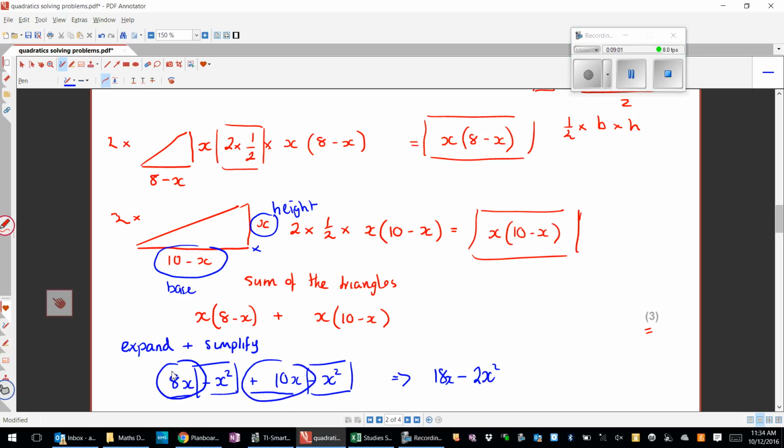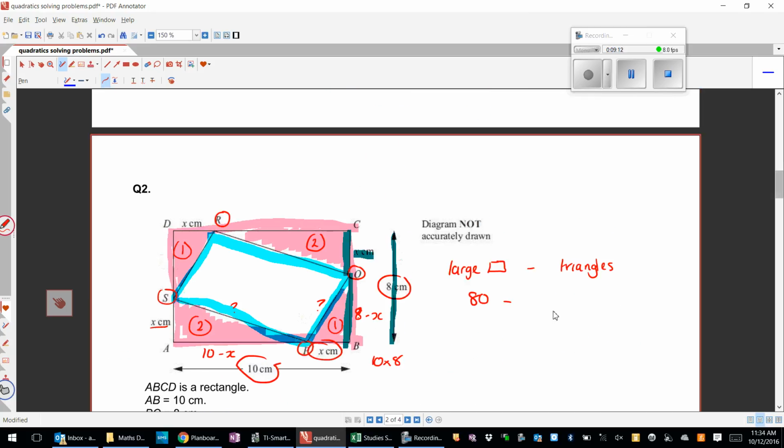We've got minus x squared, another minus x squared, is minus 2x squared. So all of that needs to go back up here. So it's subtract. Now we've got to be careful with subtract, that we do write in brackets, because we've got 18x minus 2x squared. So this would be the place where people potentially might make an error.